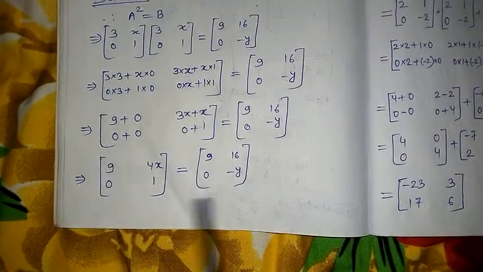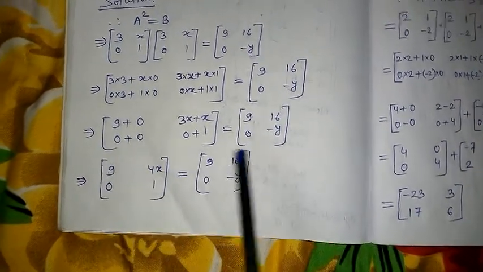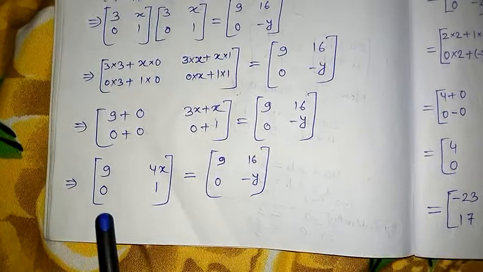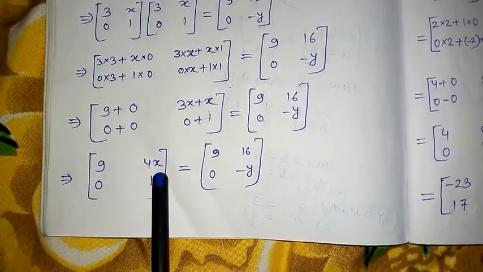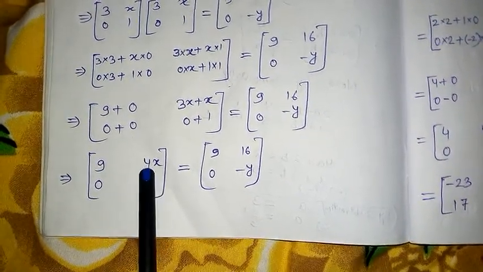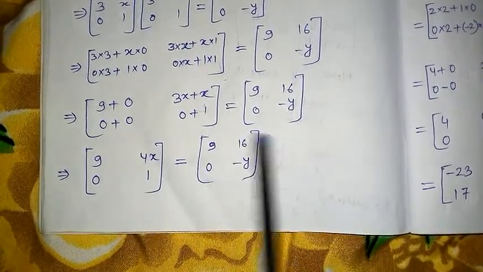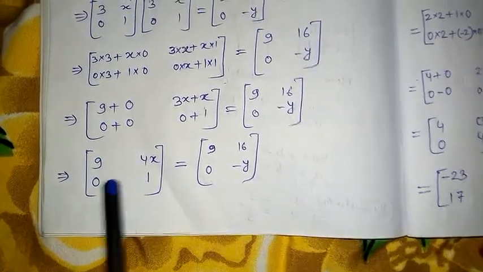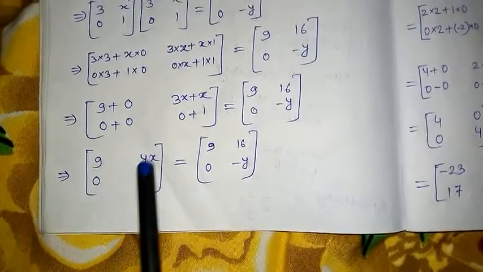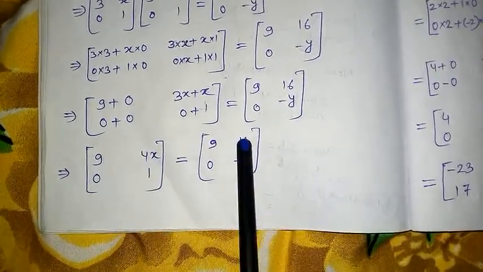After reaching this position, here a single matrix, here a single matrix, we will compare, just like we compared in the last question. We have to find the value of x, so here is 4x and here is 16, the same position, so we can compare. Here is 9, 9, nothing to compare, 0, 0, nothing to compare, but I can say 4x equal to 16.